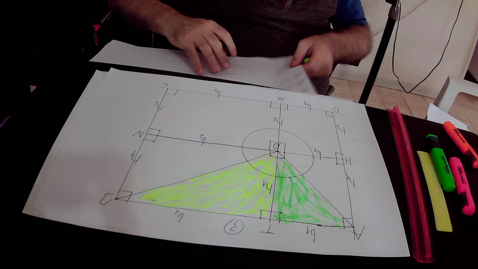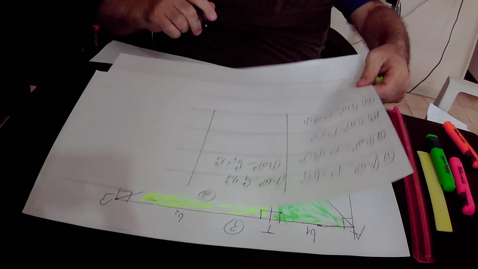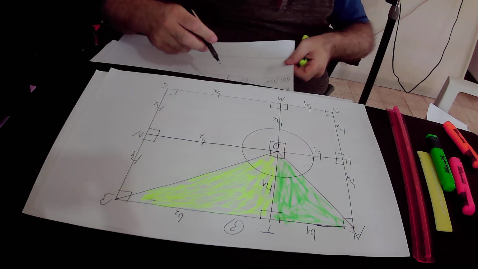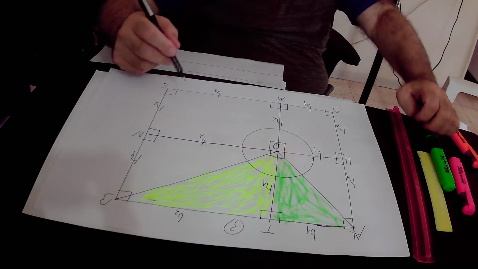Repeat again, in the right triangle TOB, according to the Pythagoras theorem, BO square equals B2 square plus H1 square. We join points O and C together by a straight line.